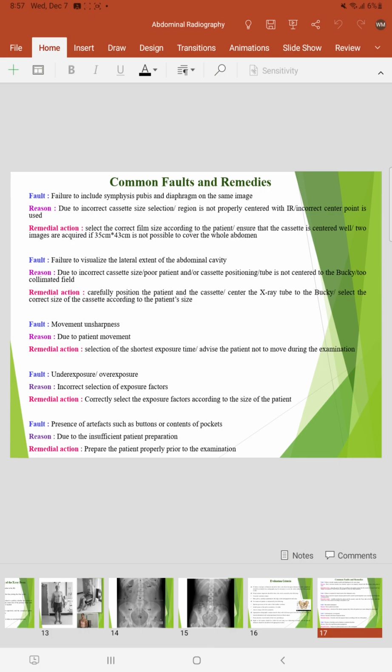Remedial action: select the correct film size according to the patient. Ensure that the cassette is centered well. Two images are acquired if it is not possible to cover the whole abdomen.